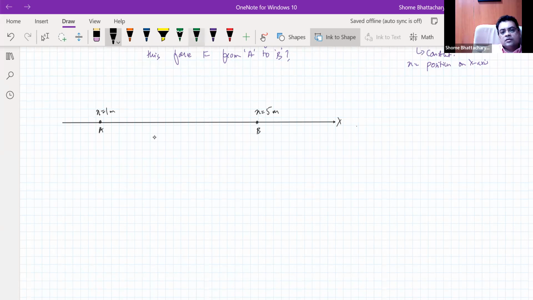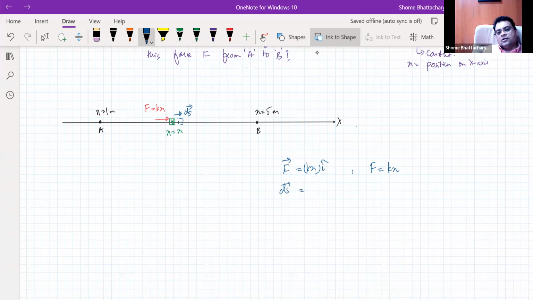Now at any general point, when the body is here at x equal to x, the force acting on it is kx in magnitude, and now the small displacement it makes from here to the next. You can see kx i cap. Its magnitude is kx, its direction is along the positive x-axis.